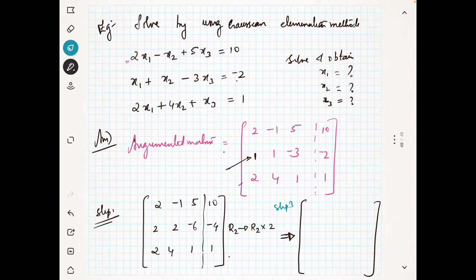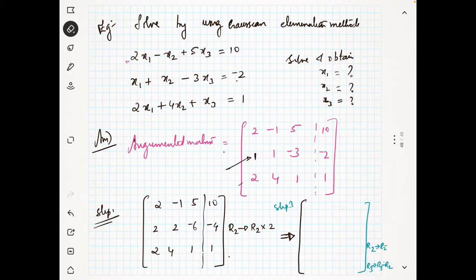I will change row 3 as row 3 minus row 2, and row 2 I will change as row 2 minus row 1.